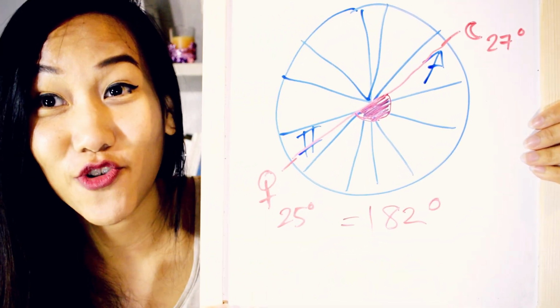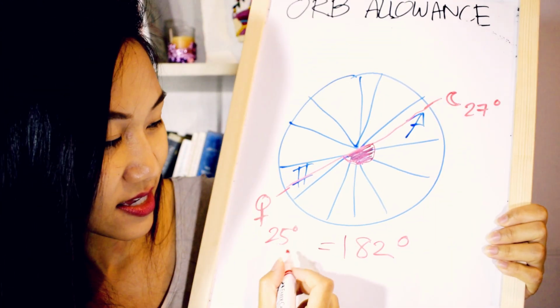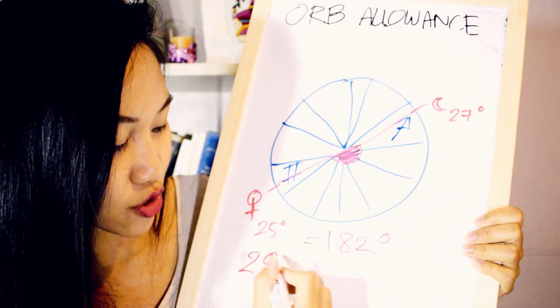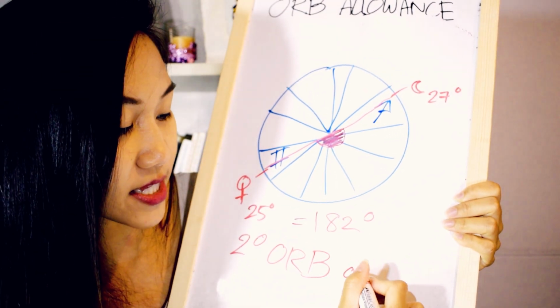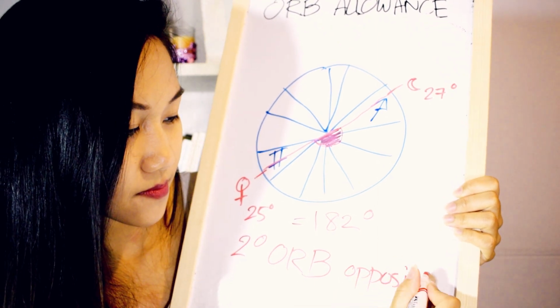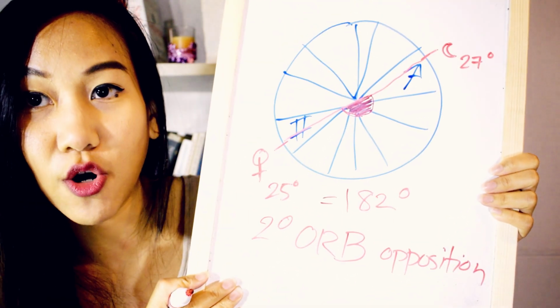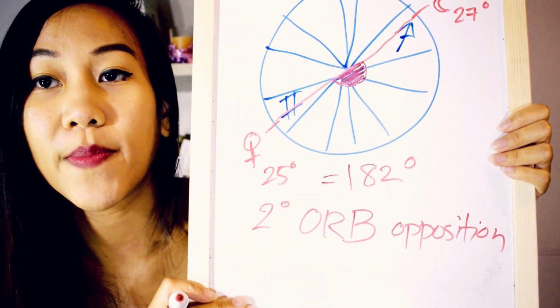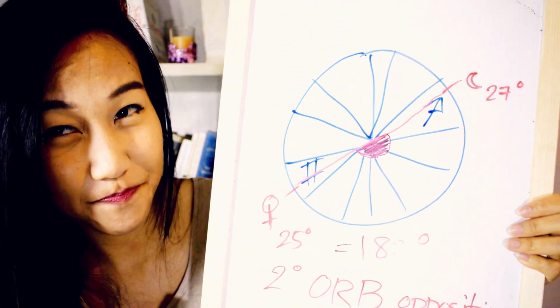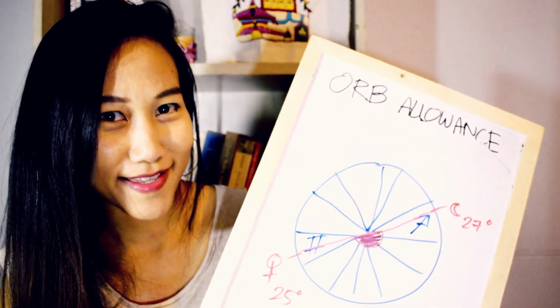It's 182 degrees apart, which means this aspect is in a 2-degree orb in an aspect of an opposition. Instead of a 2-degree orb in an aspect of a conjunction, it's going to be a 2-degree orb in an aspect of an opposition. I hope I'm making sense here.